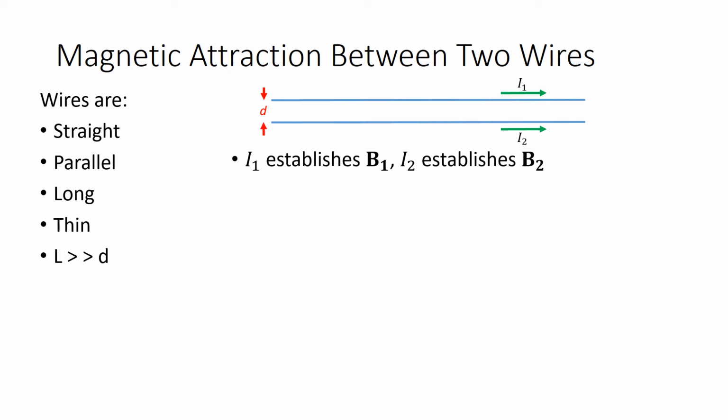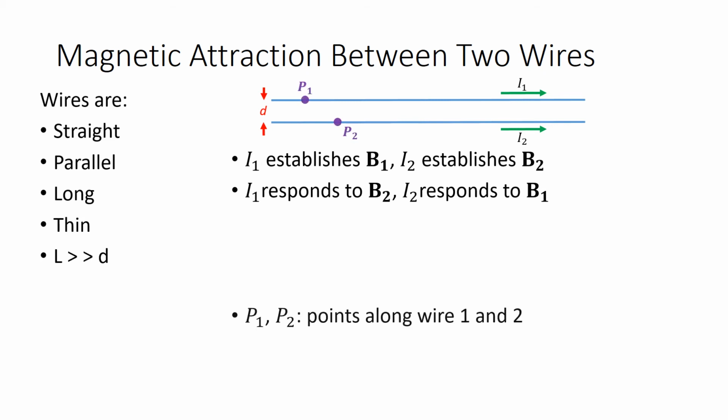The current flowing through the upper wire induces B sub 1, while the current flowing in the lower wire induces B sub 2. Additionally, the current in the upper wire responds to B sub 2, while the current in the lower wire responds to B sub 1. It is in this manner that the currents interact.